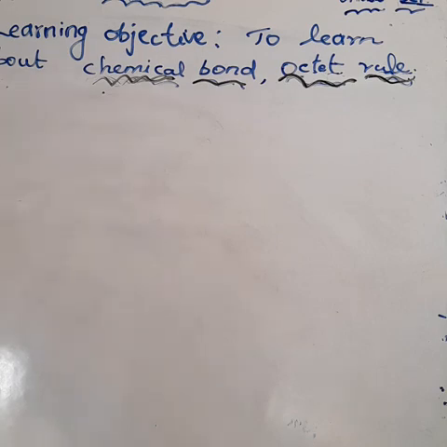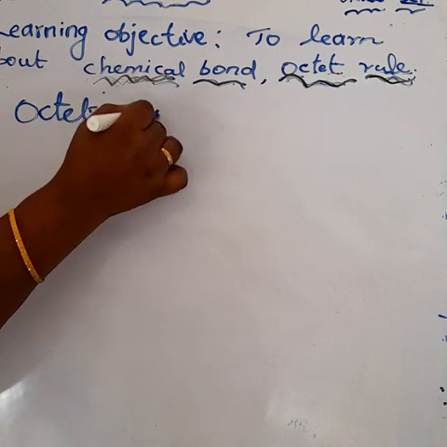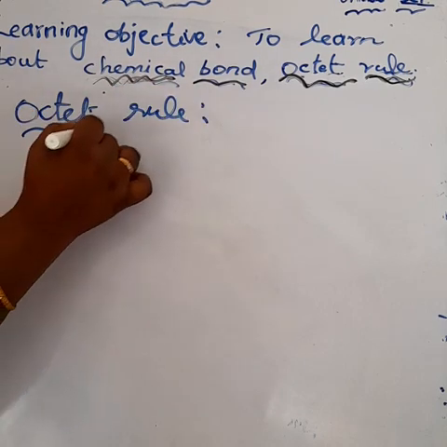Let us discuss now. Listen carefully. First, how chemical bonding is formed, I will explain that with octet rule. Okay, what do you mean by octet rule? Listen carefully.